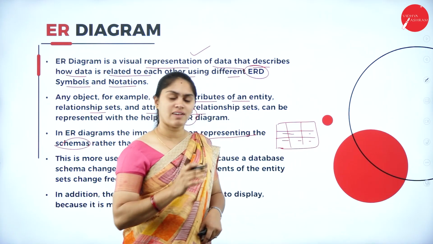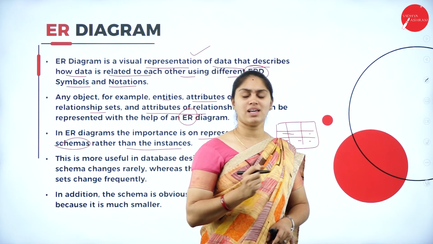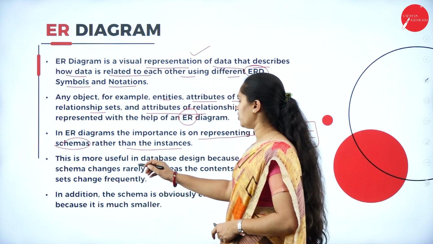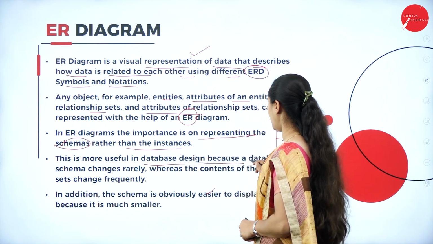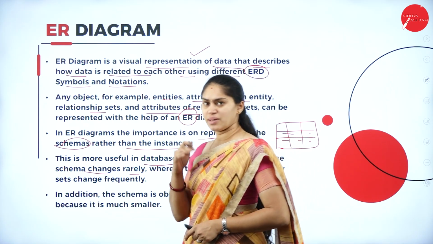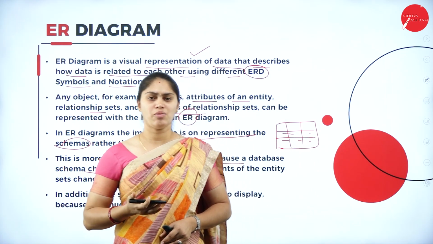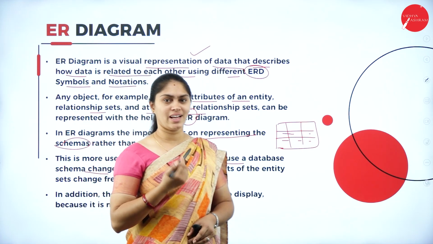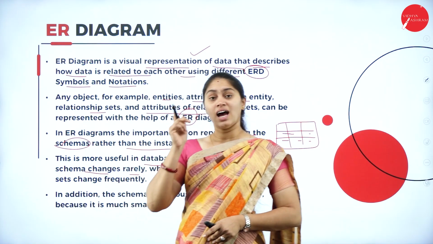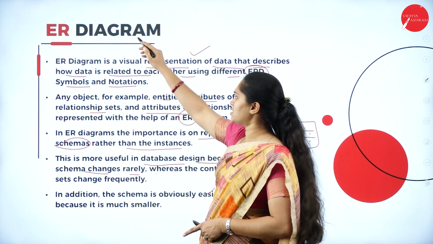First, we have to give more privilege to schema rather than instances, so that it is more useful in database design, because a database schema changes rarely. As I told, students may come and go from college every year, but the infrastructure of a college changes rarely. So schema changes rarely, and to define that schema, we use this ER diagram.